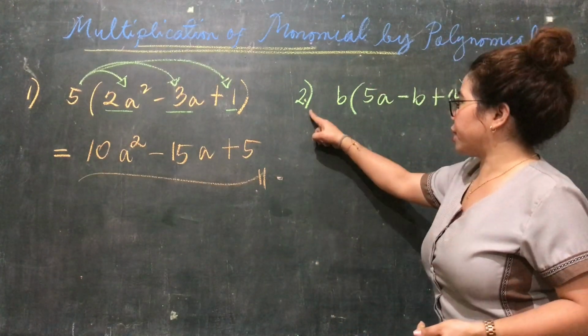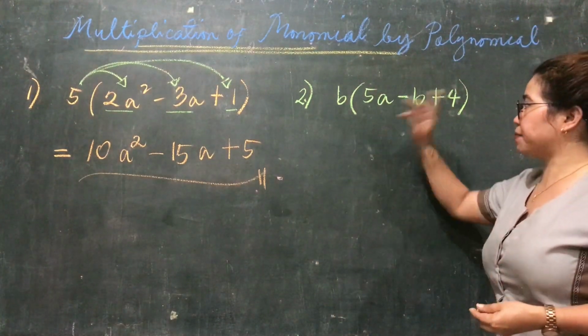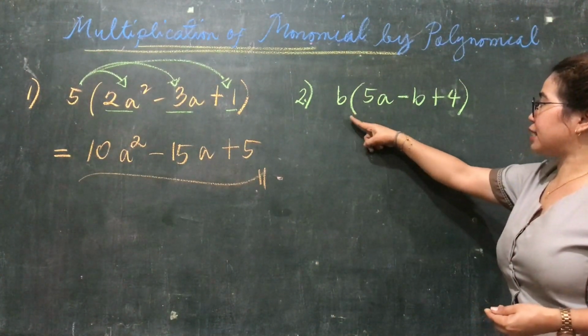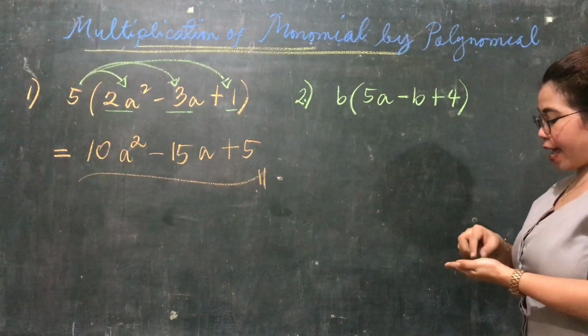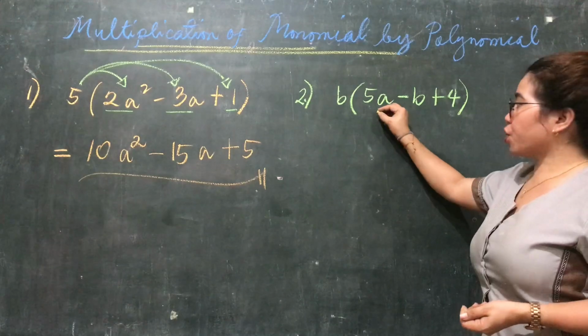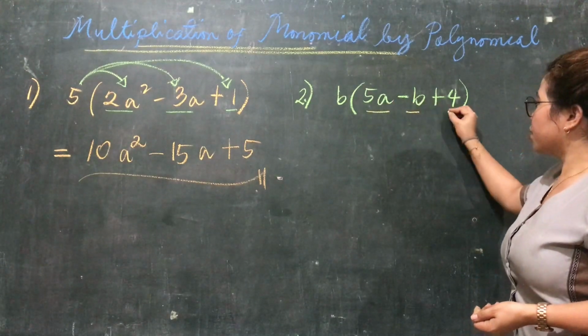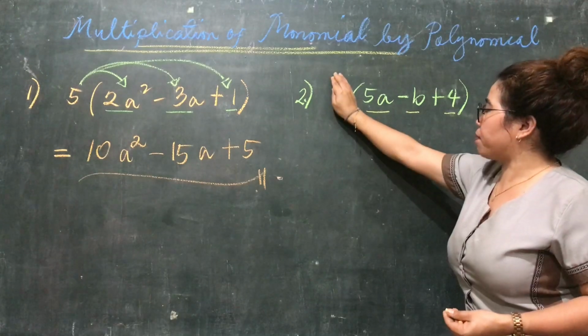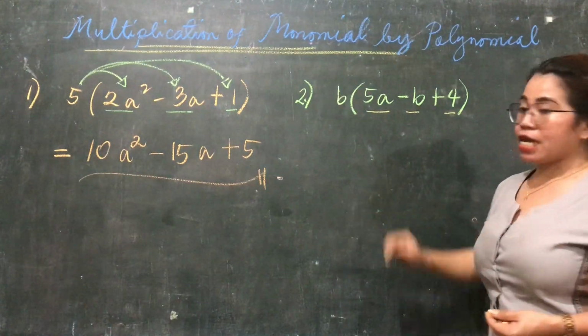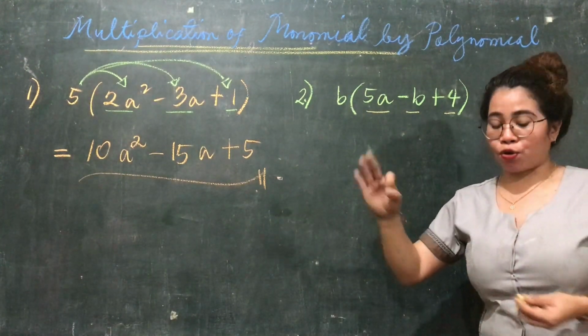Let's have number 2. Si number 2, i-times ang B times the quantity of 5A minus B plus 4. We have here 3 terms. 1, 2, 3. That means, ang kaning monomial nga B, ang kaning variable or term na naa sa gawas, i-times nato siya sa sulod katulo.